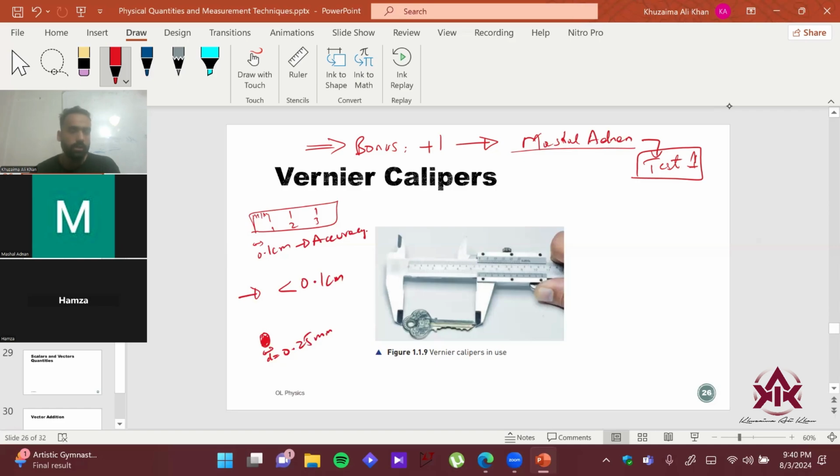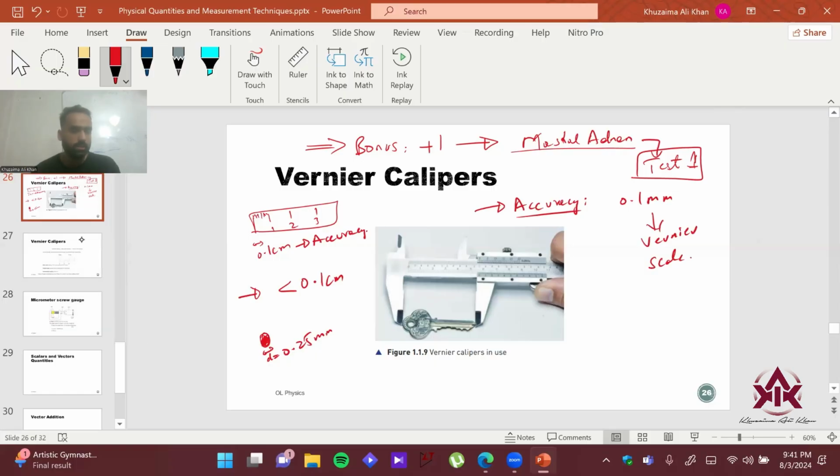So for the accuracy of 0.1 millimeter, right? So you will use what? We use vernier scale, right? Vernier calipers. ठीक है, उसका least count है 0.1 millimeter over here, so we use vernier scale, right? अब इसके कुछ कंस्ट्रक्शन पार्ट्स हैं which you should know.